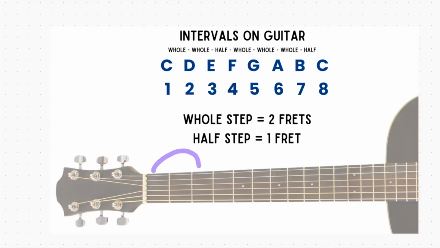From the first fret to the third fret is a whole step, from C to D. A half step is, say, the third fret to the fourth fret. Half step equals one fret, whole step equals two frets. So where we have the half in the scale formula, E to F, that's a half step. That's all it means, but you'll probably need to know that throughout this lesson.